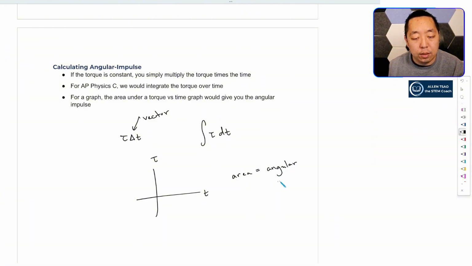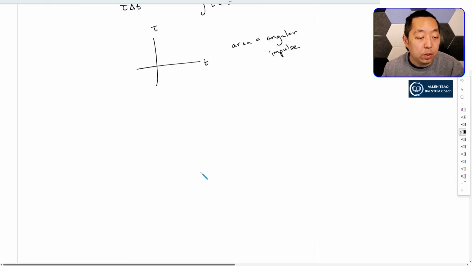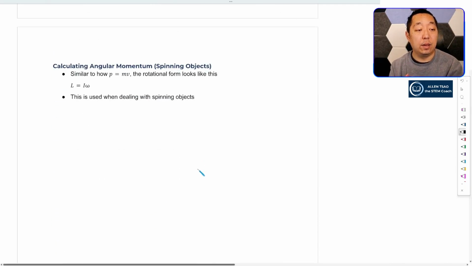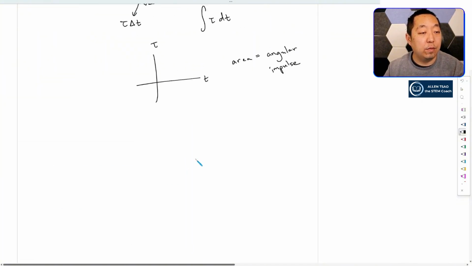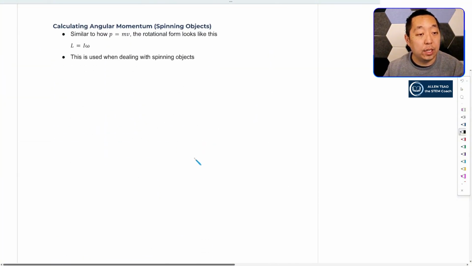So those are the main ways you would calculate angular impulse directly: a constant torque over time, an expression of torque that you integrate, for those of you in Physics C, or the area under the curve.